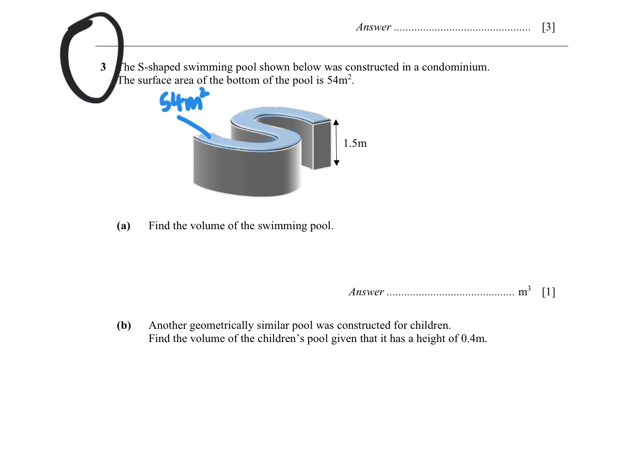So the letter S you see there has an area of 54. So they say, can you find the volume? Actually, this is volume of prism. Imagine you have a stack of the S cards, right? The letter S, let's say your cards are all shaped in letter S and you stack it up to a height of 1.5 meters. So to find volume, it's just base area times height.